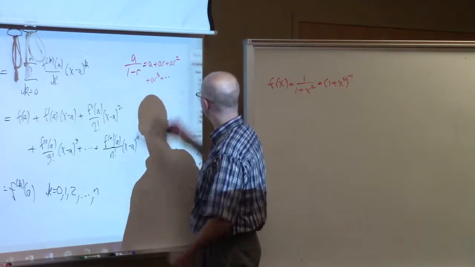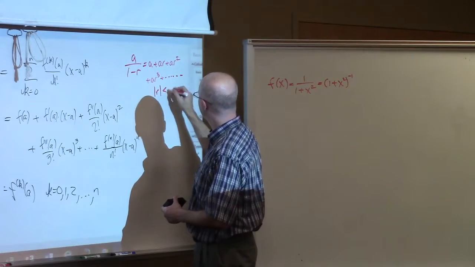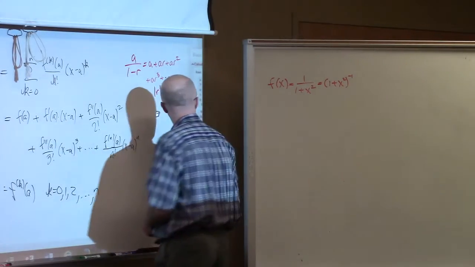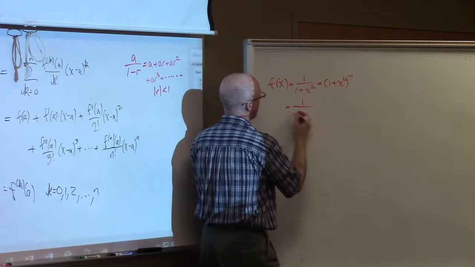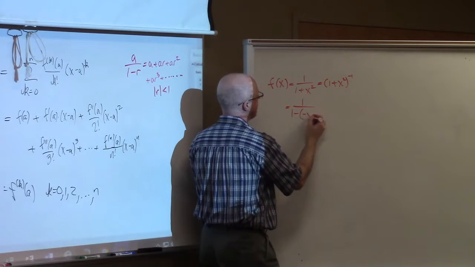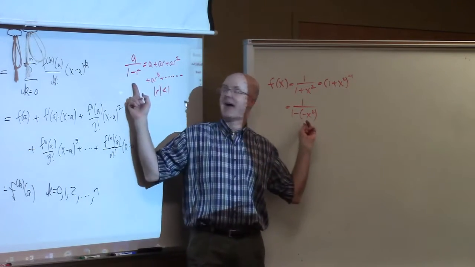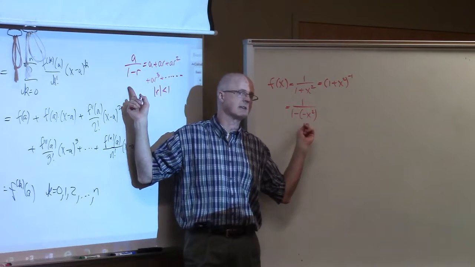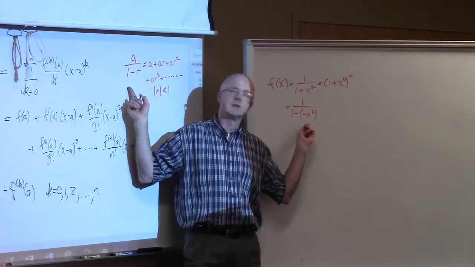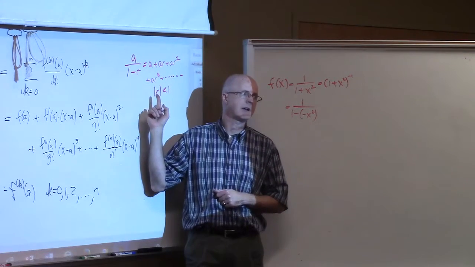This equality was true for the infinite sum as long as the absolute value of r was less than 1. If I just rewrite this function in the form 1 over 1 minus negative x squared, compare this with that, they have the same form if a is 1 and r is negative x squared. So now use this formula with a equal to 1 and r equal to negative x squared.